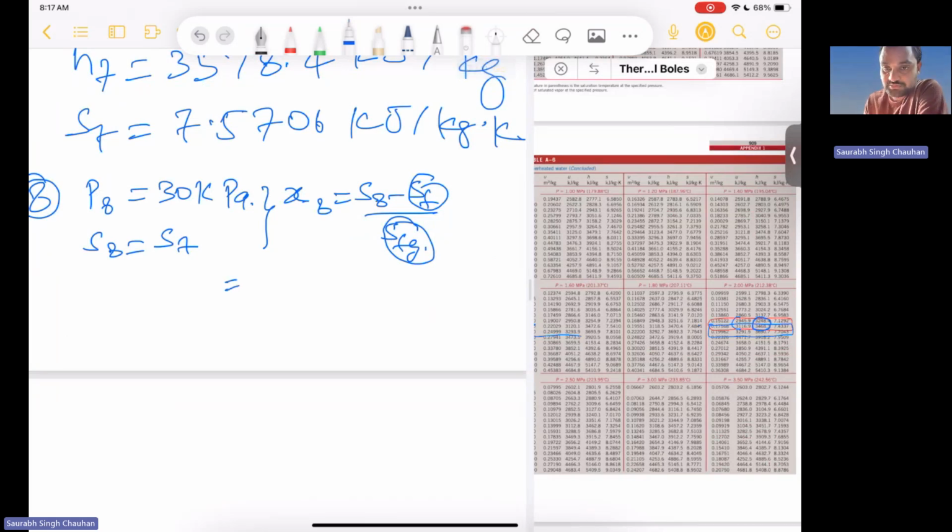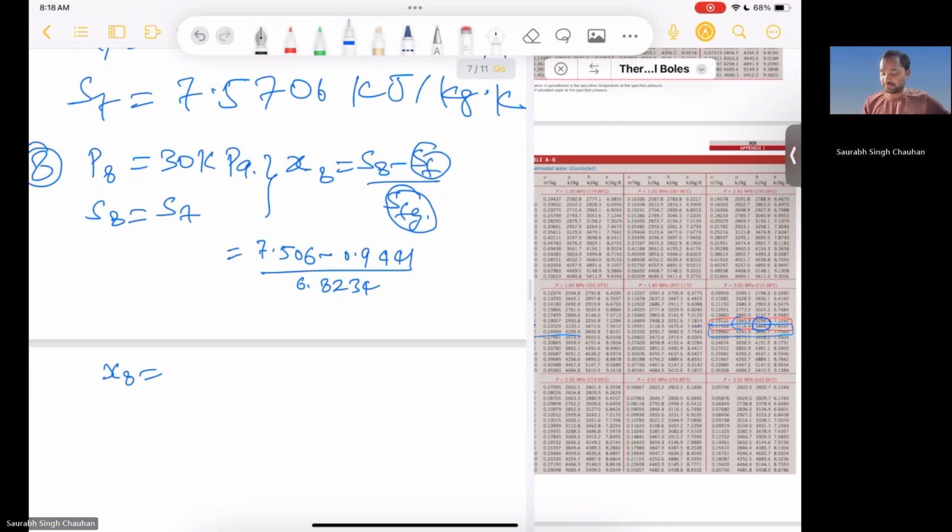Okay, so let us substitute the values. So quality you will get at point 8 is equal to 0.9711.